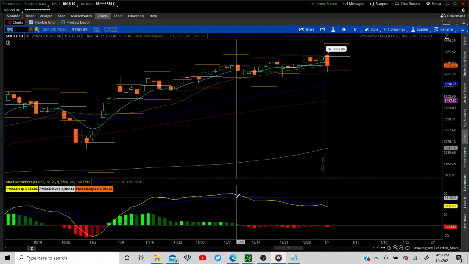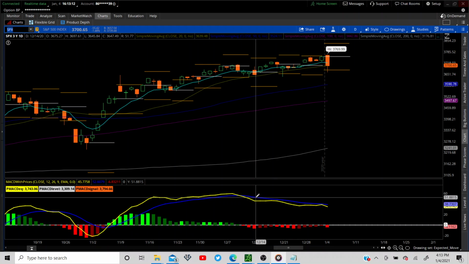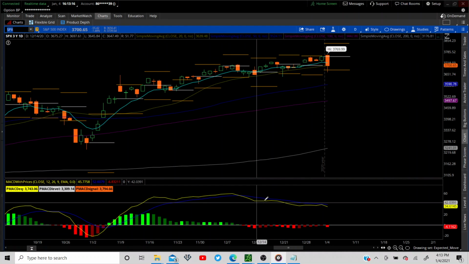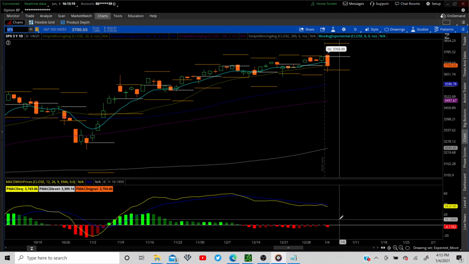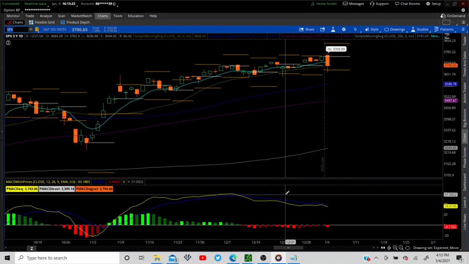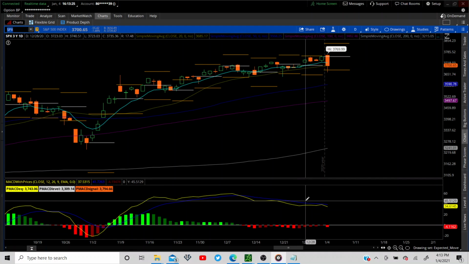But the good part is that while price grinds sideways, the MACD has been resetting to the downside, and that's okay too. That's a very bullish sign, we'll put it that way.